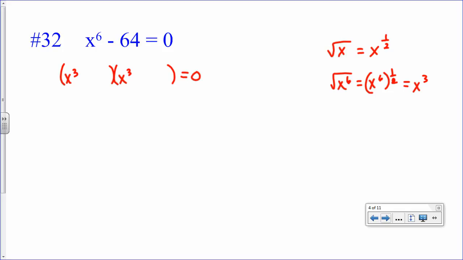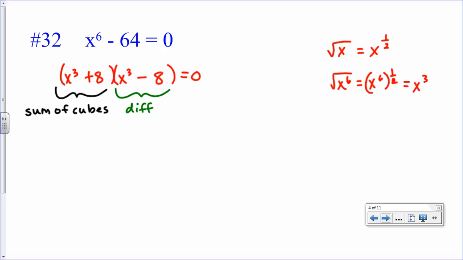The square root of 64 then is 8. So I have this is the sum of cubes, and this is the difference of cubes.